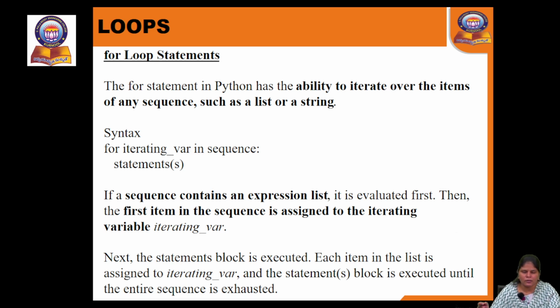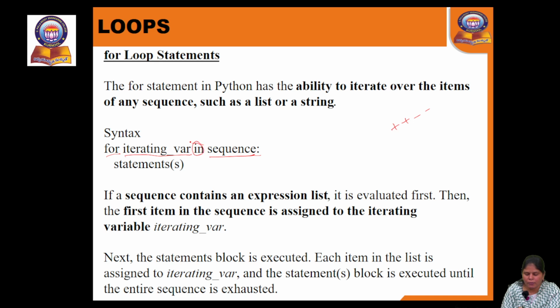So the syntax is you have to use the for keyword, next the iterating variable, in keyword, and then the sequence. As we don't have the increment and decrement operators here, we will be using in sequence, right?